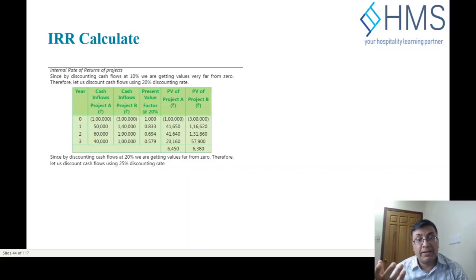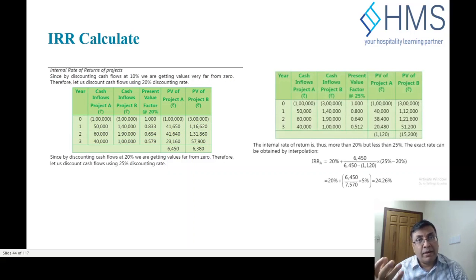Similarly, we get 6,000 and 6,300. Another estimate we will make is 25%. We just increase the estimate and see if the net present value becomes negative, which it will. In this example, you can see it has come down to minus 1,000 and minus 15,000.